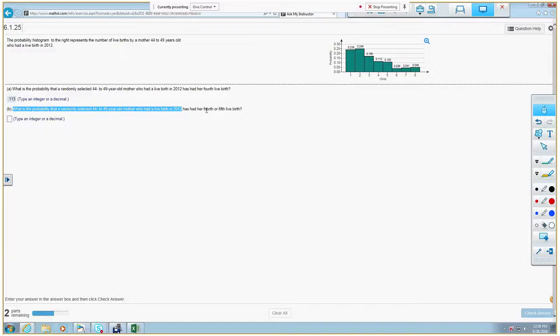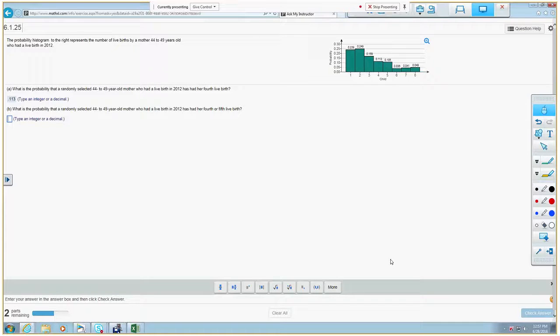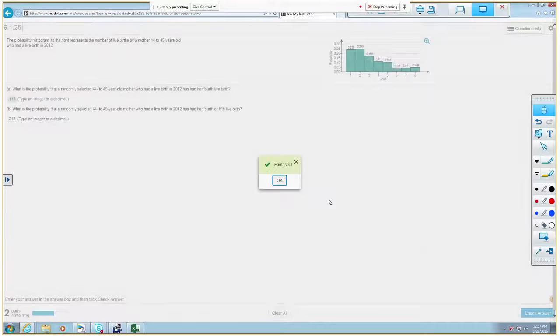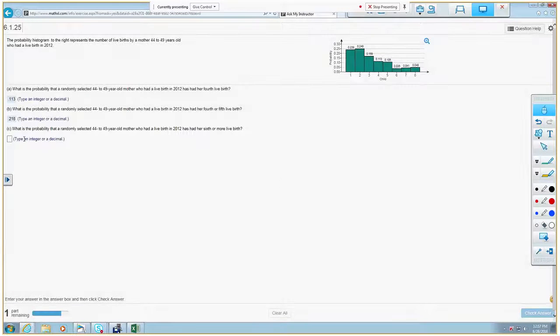Read this. Her fourth or. What does or mean? Add. Fifth. Fourth or fifth. That would be 0.113 plus 0.105, which is 0.218. I did that in my head, y'all.